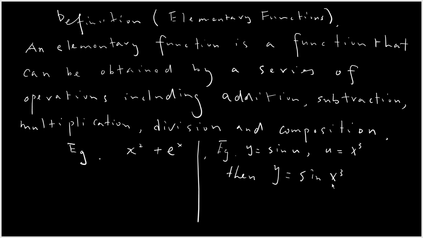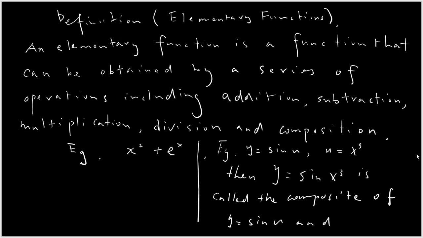The last function is called the composite of the two functions, sine of u and u equals x cubed. Okay, I will write down the term. The function here is called the composite of the two functions, y equals sine of u and u equals x cubed.